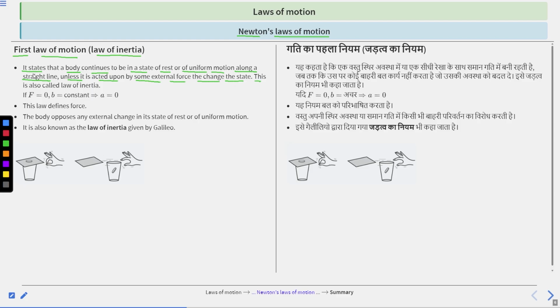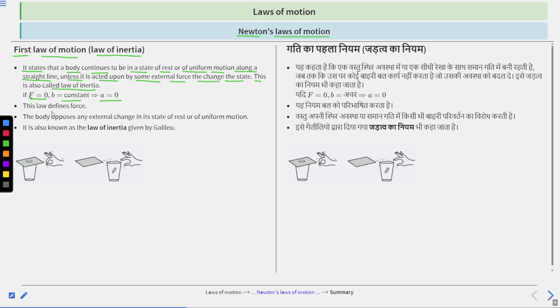This is also called law of inertia. In this example, the coin stays at rest until some external force is applied. So if F equal to 0, v equal to constant, so a equal to 0.